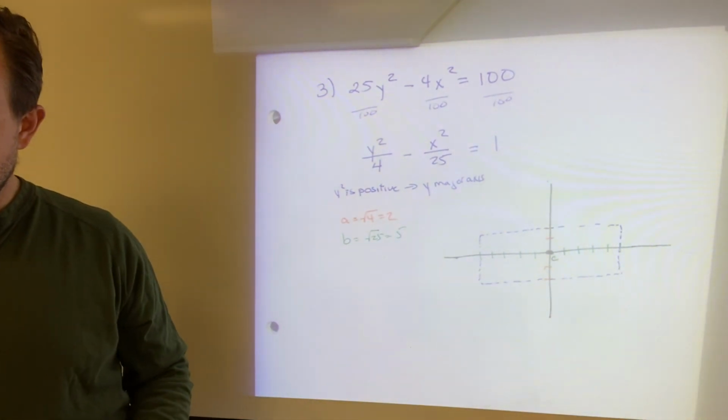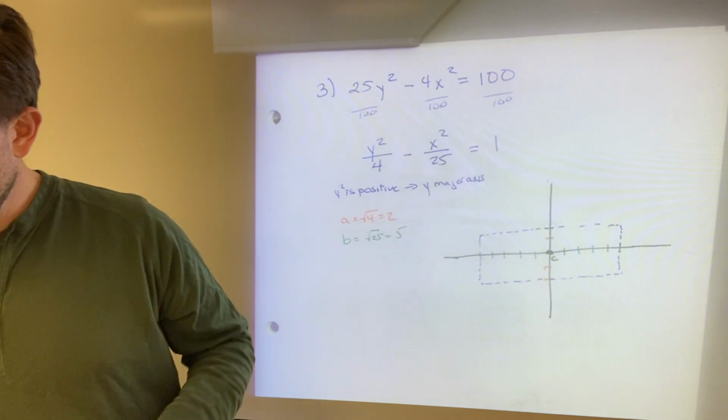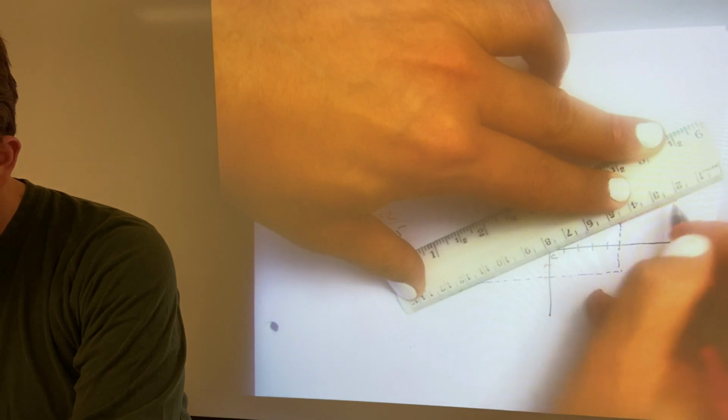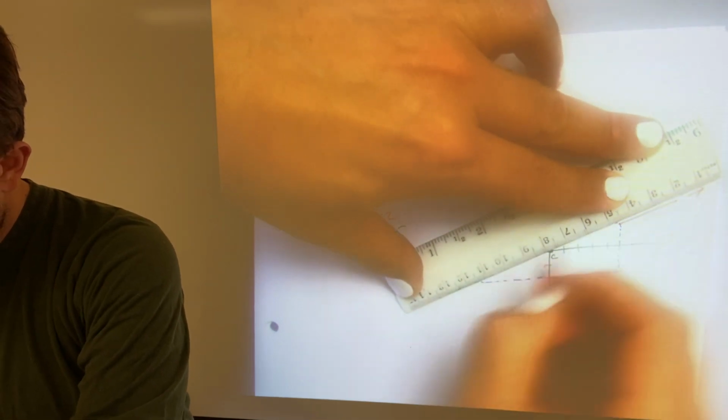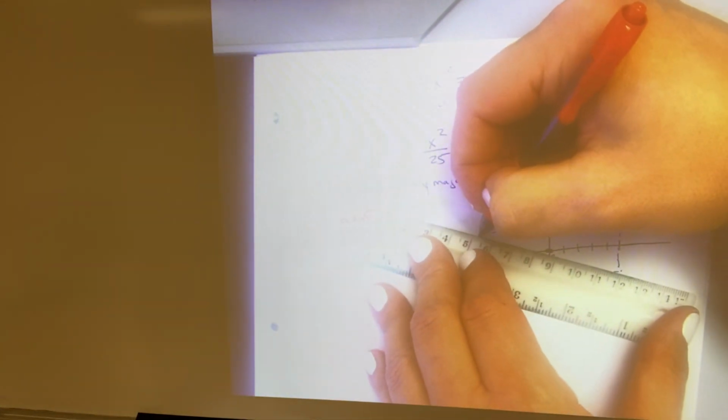Okay, long and short. And so that's going to create asymptotes that are very spread out.